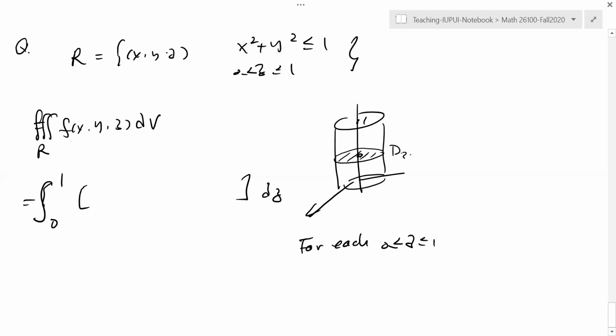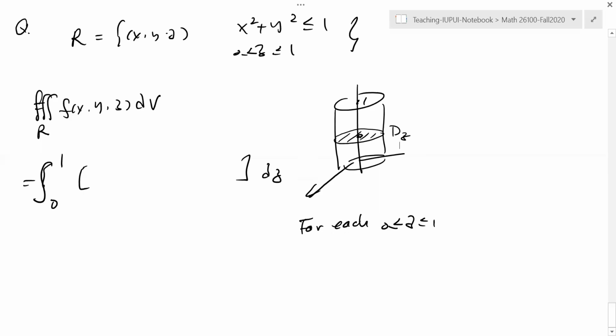That is my dA. But this domain actually is independent of z. It is just x and y, with x squared plus y squared less than or equal to 1. So it's independent of z.